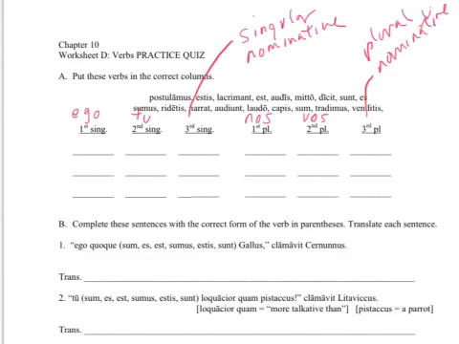When I'm doing something, the verb always ends in O. That's if it's an action verb. And when you're doing something, the verb always ends in S. When he, she, or it is doing something, the verb ends in T. When we're doing it, the verb is going to end in mus. When y'all are doing it, it's going to end in T-I-S, tis. And when they are doing it, it ends in N-T.